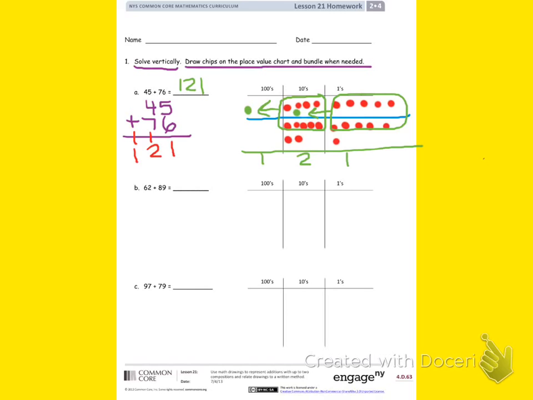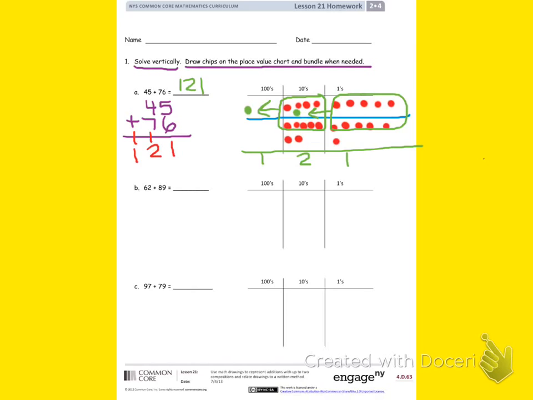If you didn't get the same answer on your vertical algorithm and your place value chart visual representation, then you should erase both problems and start them over again, because you probably made a silly mistake in one of the problems. All right, now you finish items B and C using the same techniques.